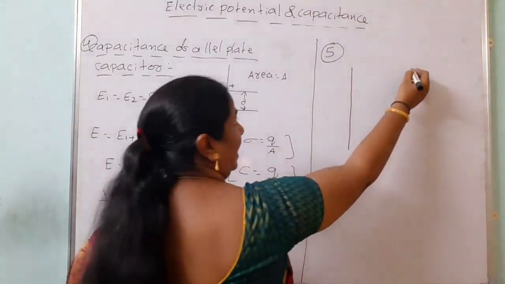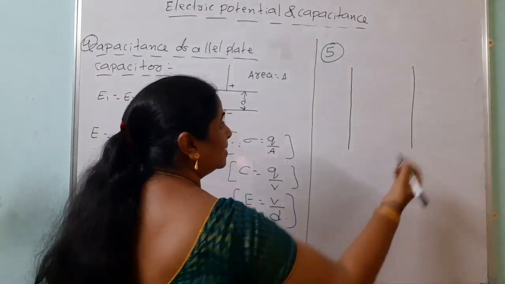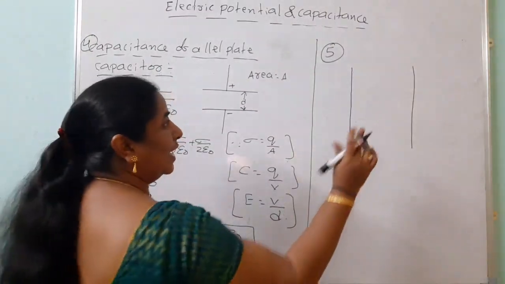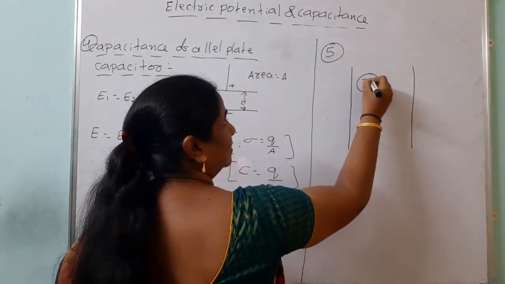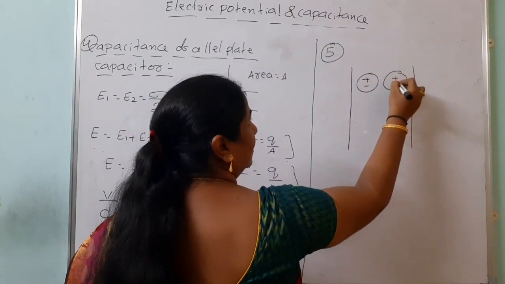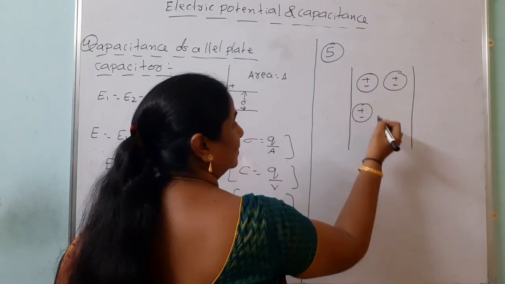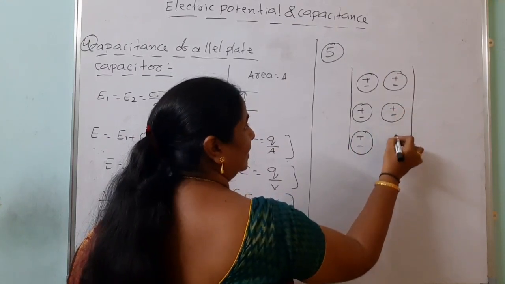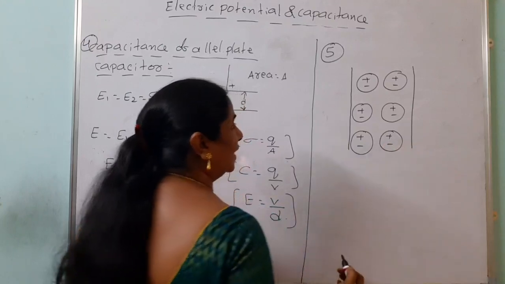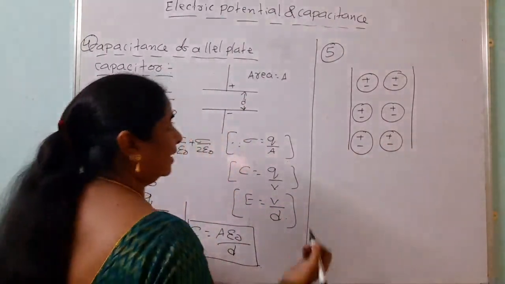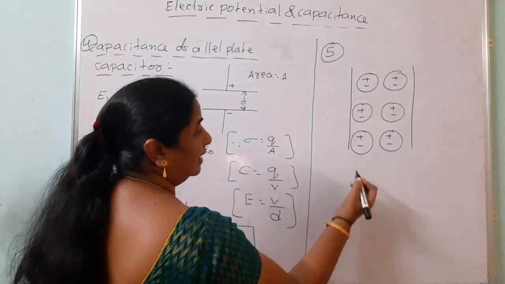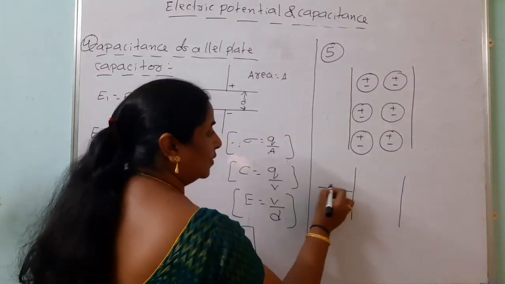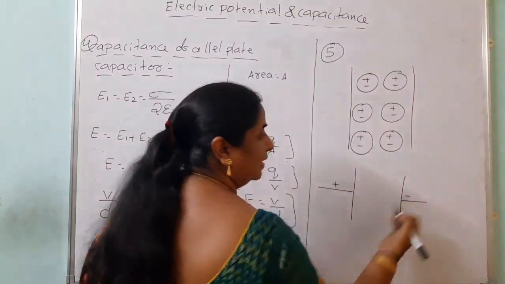This is the dielectric. Dielectric means there is no net charge. Charge is neutral. See, if there is no electric field, we can observe it like this: positive, negative, positive, negative. Here we are not applying any electric field to it. We are discussing the behavior of dielectric material in an electric field. Now, second step, this side is given to the positive and this side to the negative.